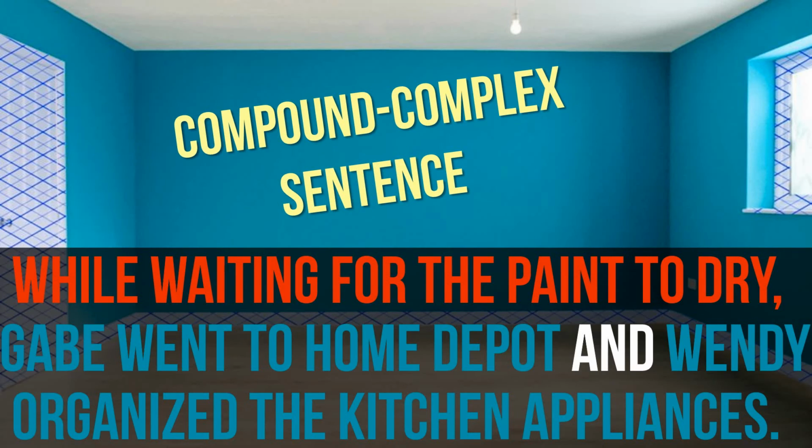This is a compound complex sentence. We have one dependent clause, while waiting for the paint to dry, and more than one independent clause. Gabe went to Home Depot. Wendy organized the kitchen appliances.